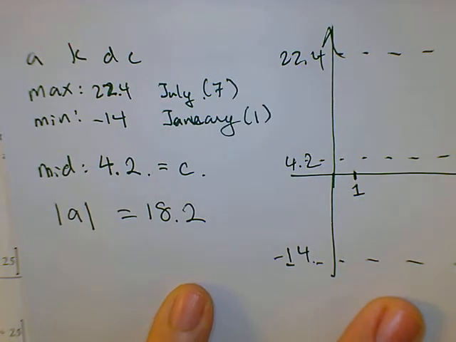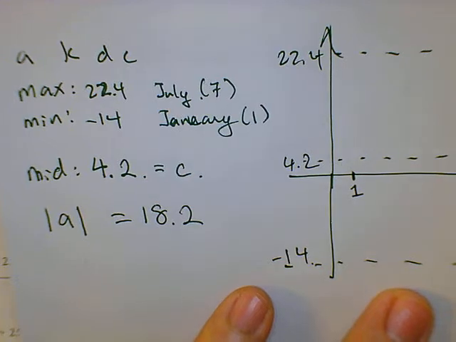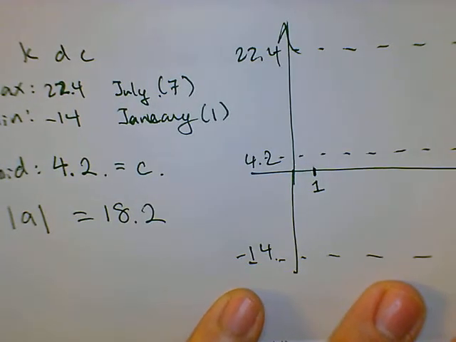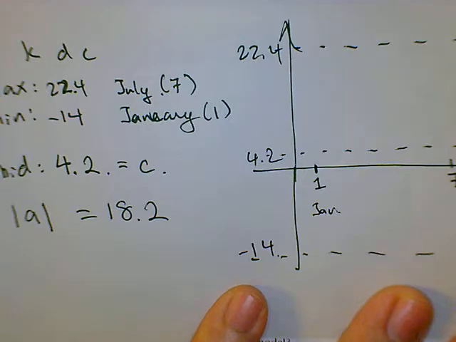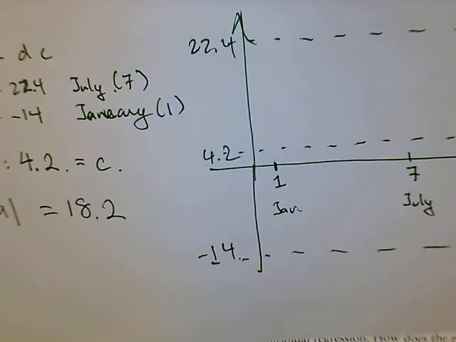January is the first month, so we can call it 1, right? And then it goes all the way to 7, and then through December, and back to January. So this is January, this is July, and then this is January again.